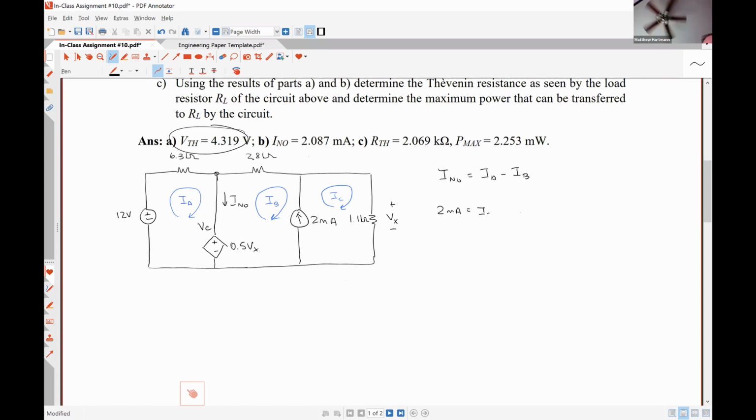Alrighty. So IC minus IB, because as IC is going around its clockwise path, it's flowing up through the branch that has the current source, which is in the same direction as the arrow of the current source. And it's minus IB because IB is flowing down through that branch. All right.